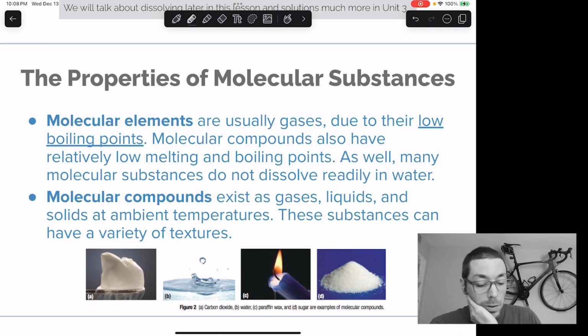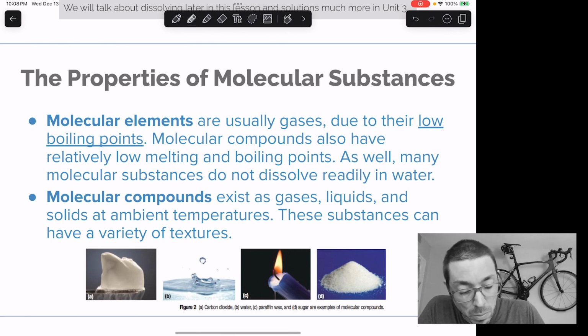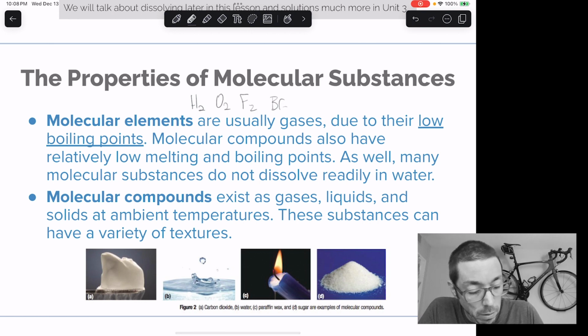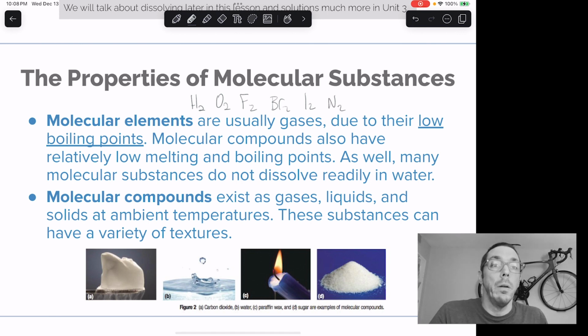So this is a little bit less explanation going on here, but molecular elements, so remember when we talked about that previously, molecular elements being H2, O2, F2, Br2, I2, N2, and Cl2, just those 7. They're usually gases, and they're gases because they have really low boiling points.